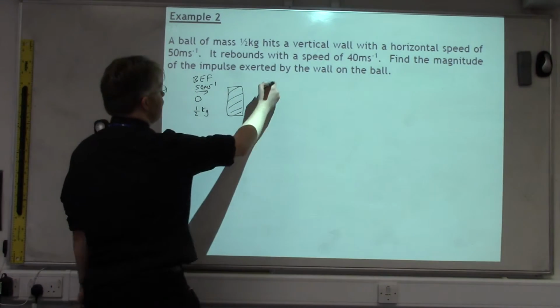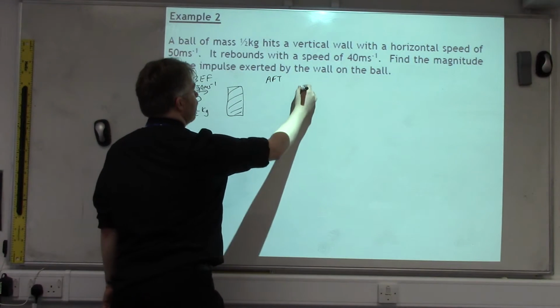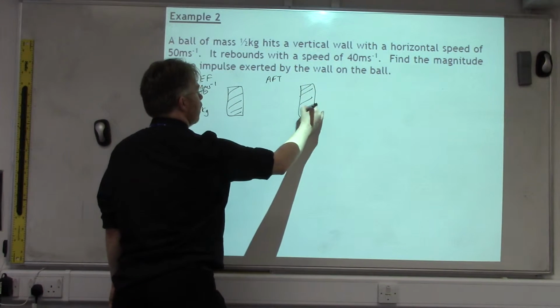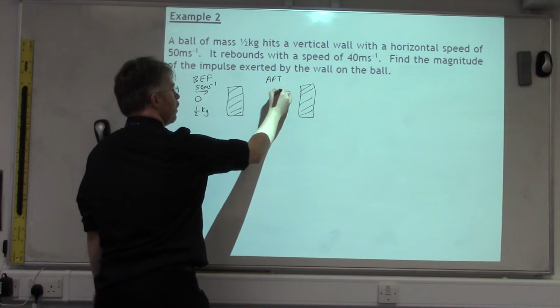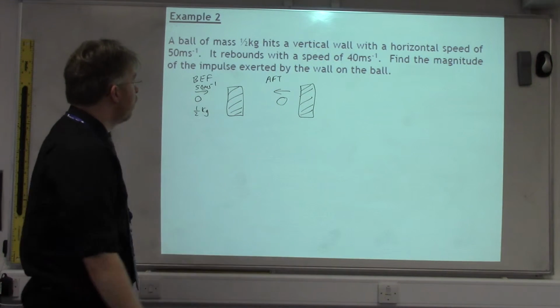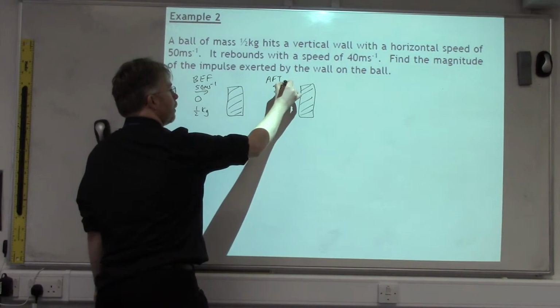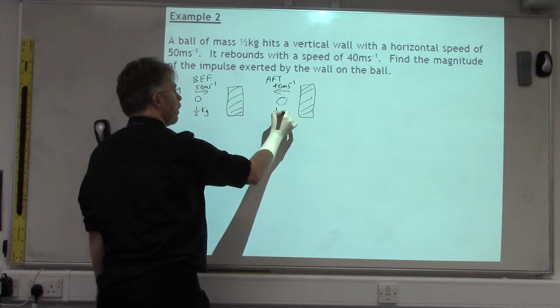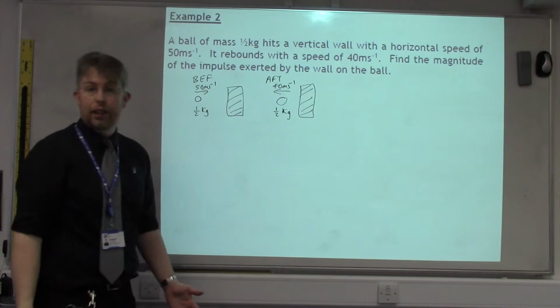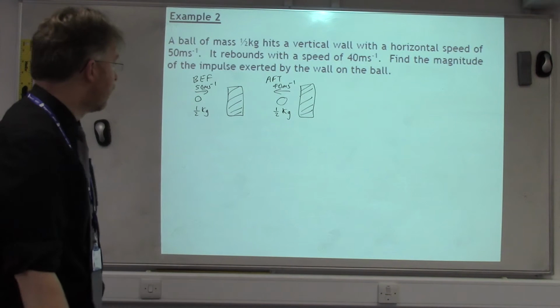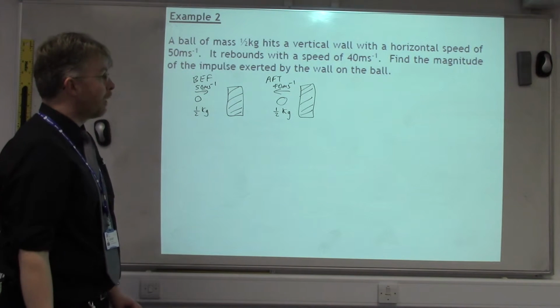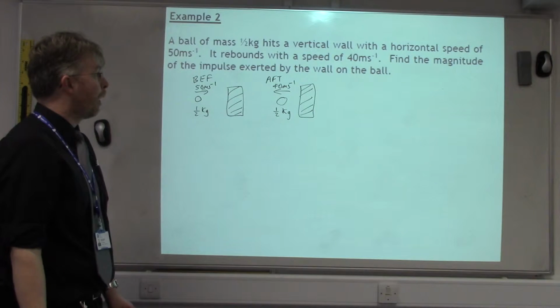After it hits, it rebounds, so it's going in the opposite direction with a speed of 40 meters per second. The mass is still the same, half a kilogram. And we're to find the magnitude of the impulse exerted by the wall on the ball.